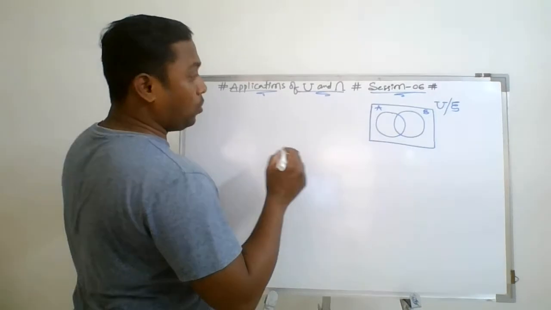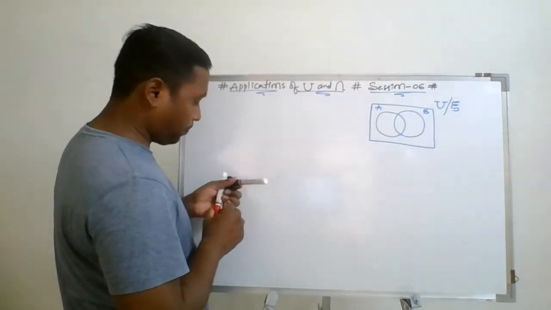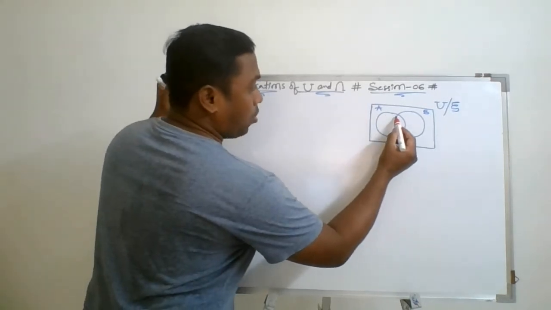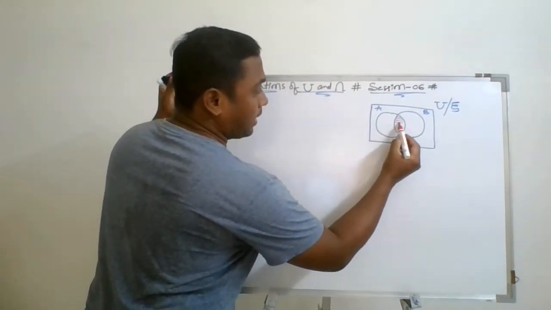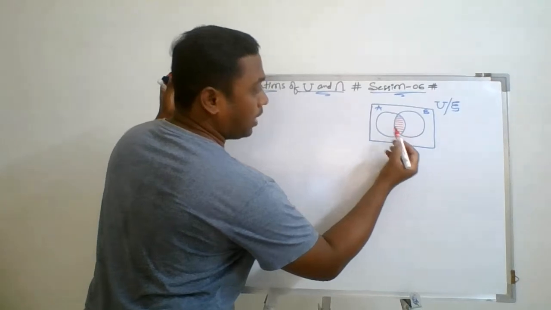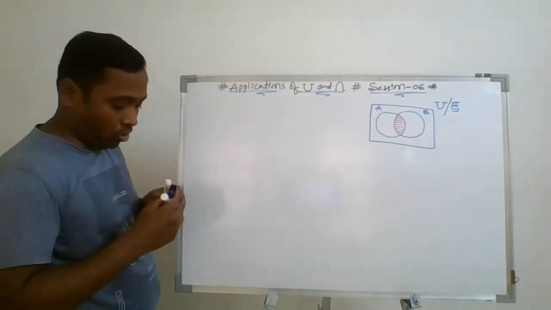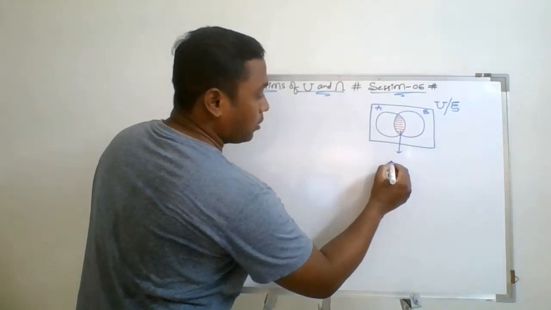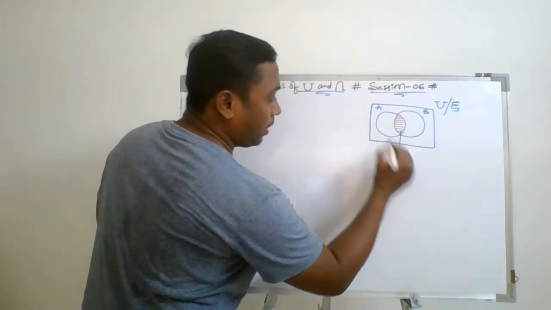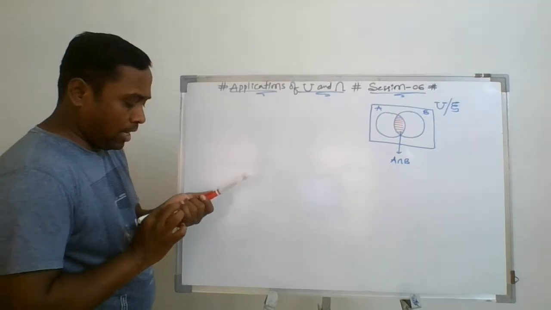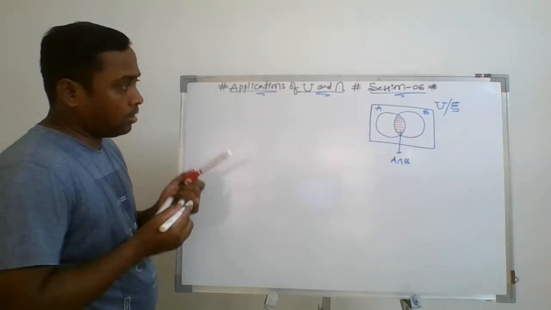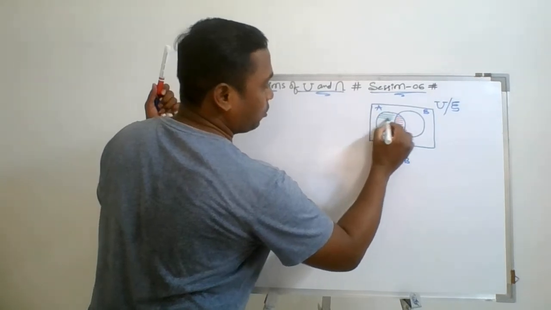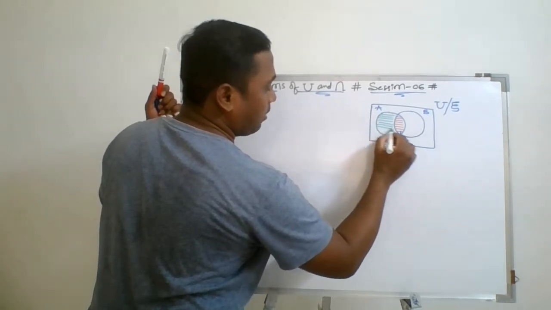Now, as you know very well, the common area of both the sets is known as what? A intersection B. The red portion is known as A intersection B. Similarly, I am shading with other colors. The green color which I am shading here is representing what?